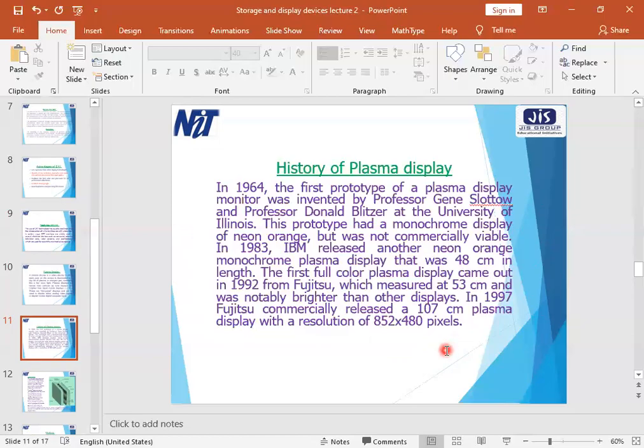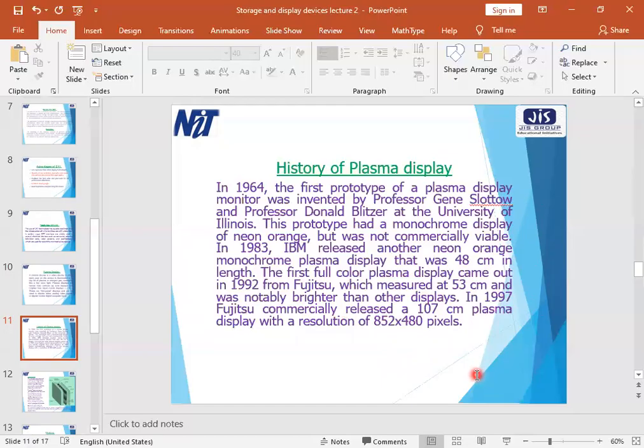colored display. So in 1983, IBM released another neon orange monochrome plasma display that was 48 centimeter in length. But the first full color plasma display came out in 1992. This is very important thing. That first colored plasma display came in 1992 and which was brought in the market by Fujitsu, and its measurement was 53 centimeter.